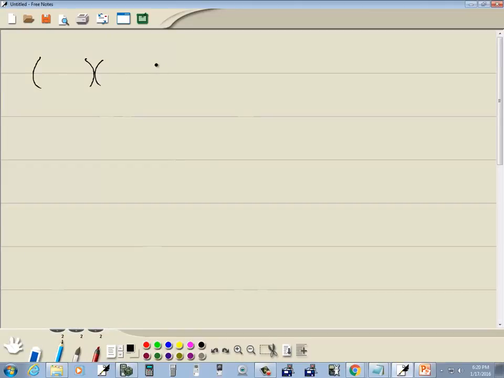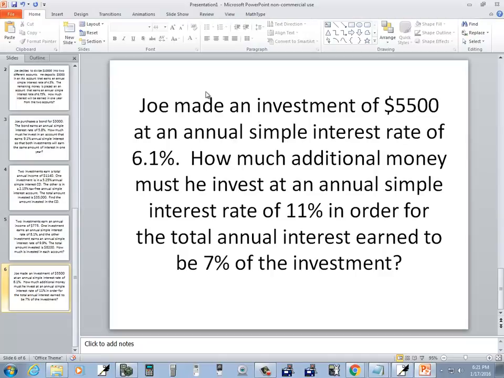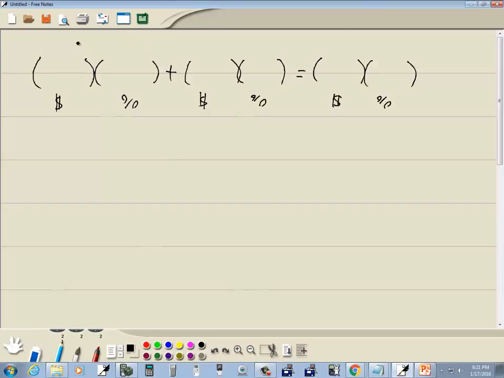Okay, so we've got one account plus another account. Normally we're given the total earnings, but this one we're not. We're actually given this setup. So we're going to have our dollars and our percent, and over here we'll have our dollars and our percent. This first one is 6.1%.